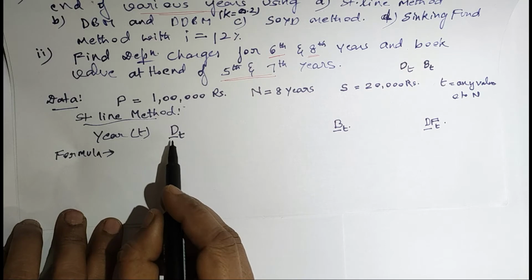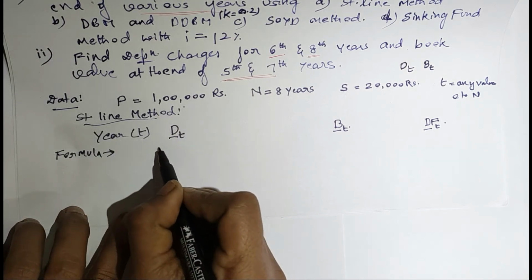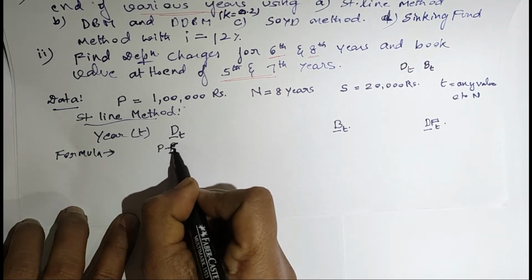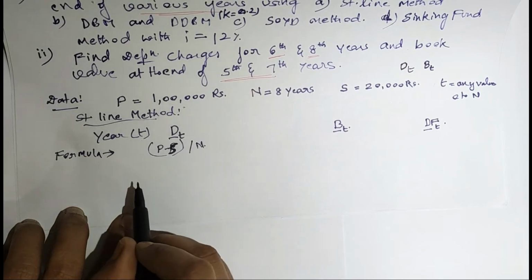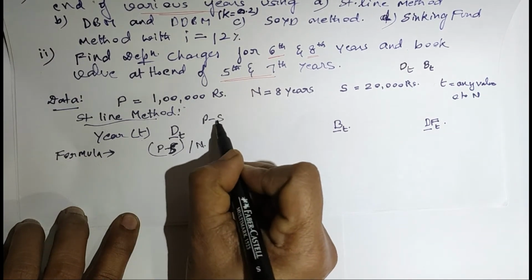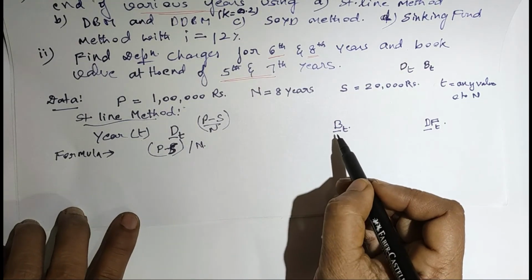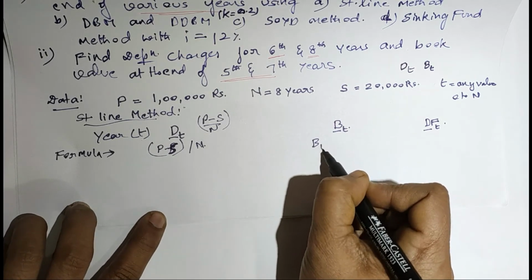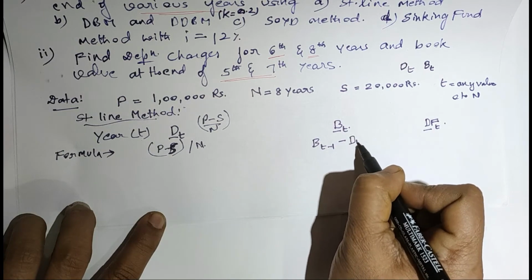For depreciation charges using the straight line method, the formula to be used is P minus S divided by N. This is the formula. For book value, the formula to be used is B T minus 1 minus DT.